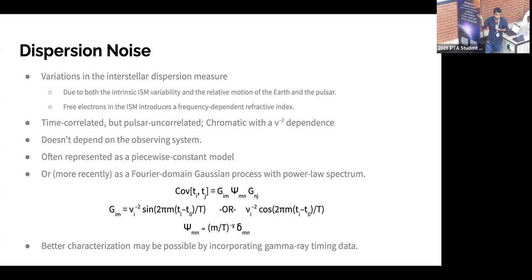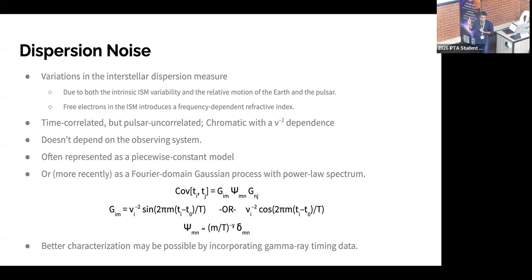It also does not depend on your observing system, because it's an astrophysical process. Until very recently, it has usually been represented as a piecewise constant model called DMX. But more recently, people have started using a Fourier domain Gaussian process model, similar to the spin noise, called DMGP.